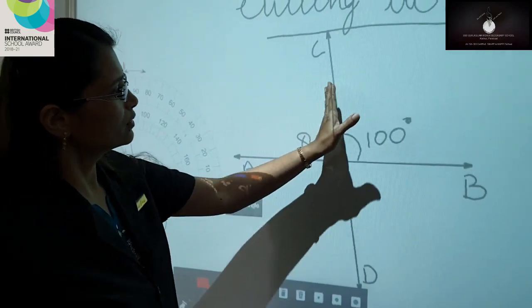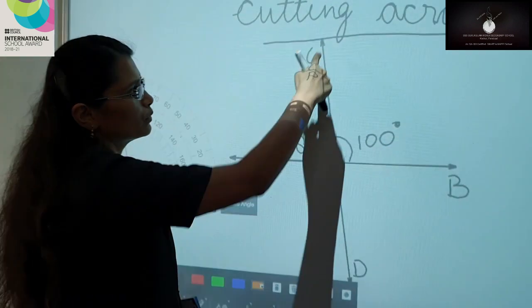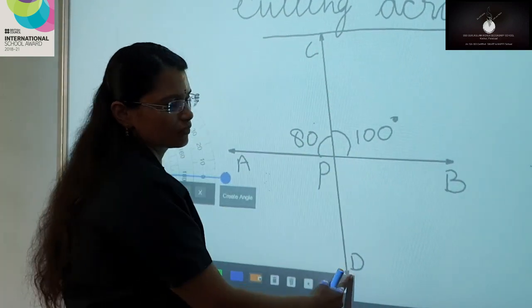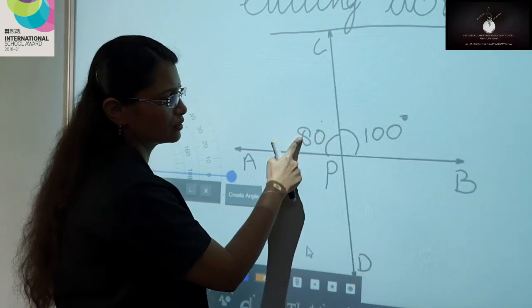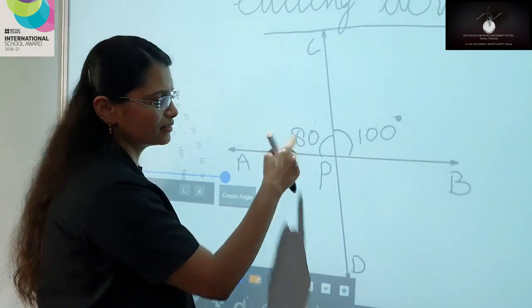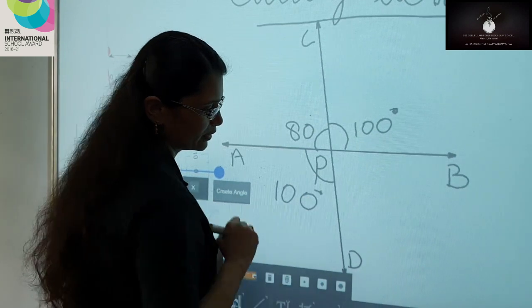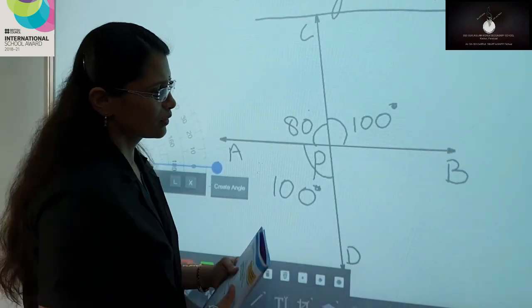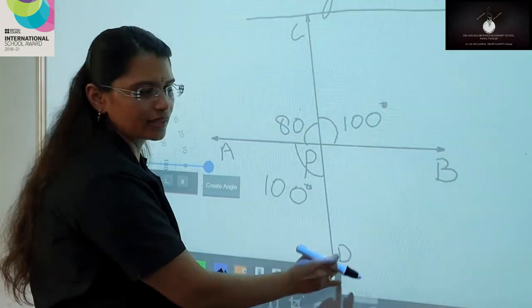And here, check this part, this is a straight line. This also is a straight line. So this is 80 degree, so what about this angle again? 180 minus 80 is equal to 100. This is 100 degree. And then here, this also is a straight line, right?